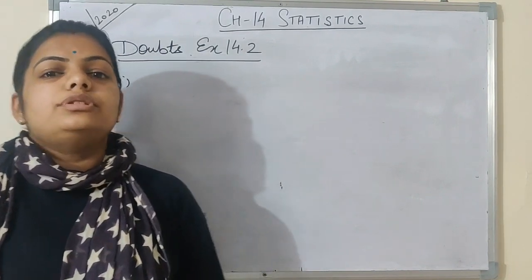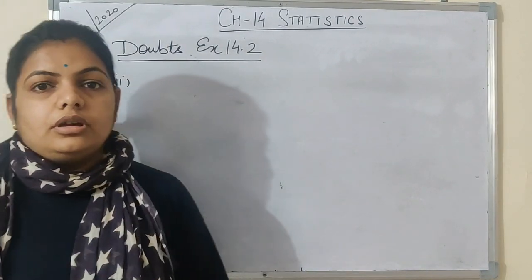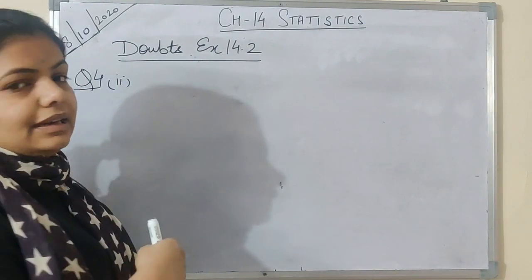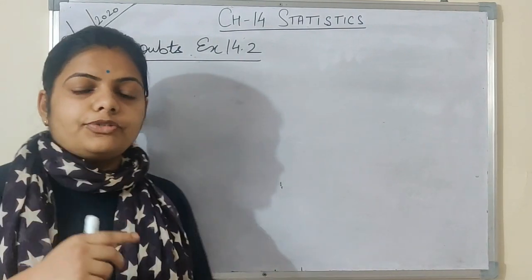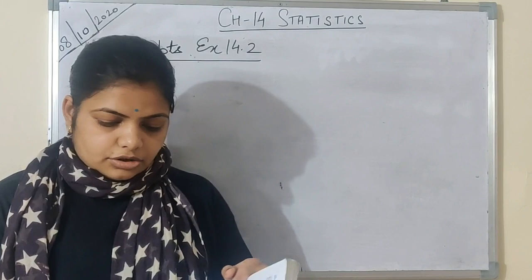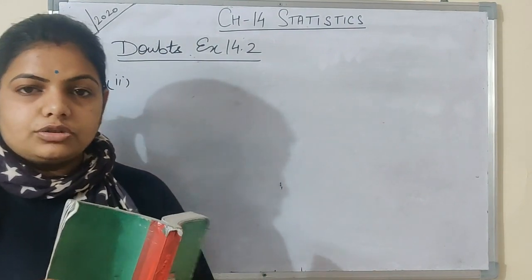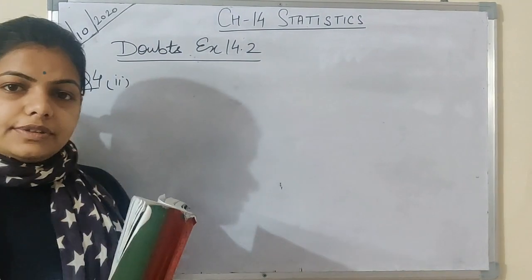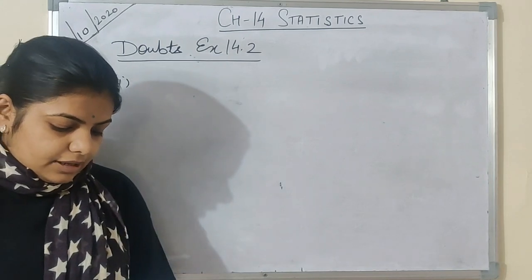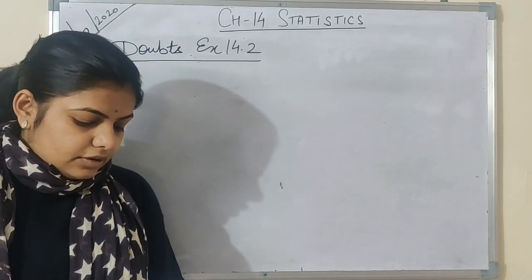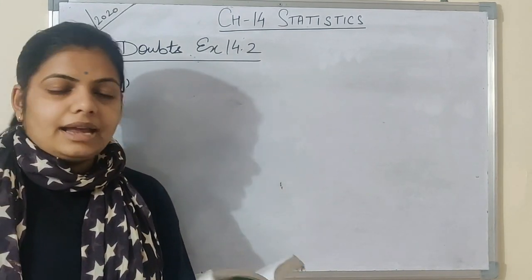Means you have to tell the conclusion from the given data, and after forming the grouped frequency distribution table, you have to observe that table and answer what you conclude about their heights.